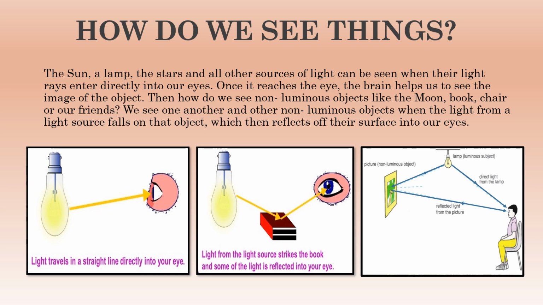You can clearly see that the picture is reflecting the light ray coming from the glowing bulb, and the reflected light, once it enters our eye, we can see the image of that picture. On the other hand, the light ray from the bulb directly enters our eye, and we are able to see the light bulb.